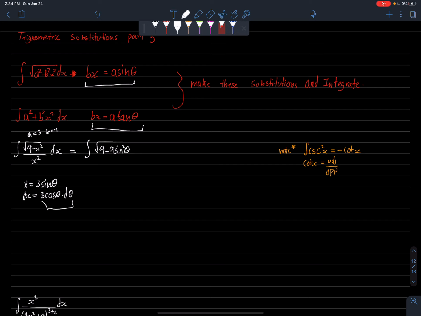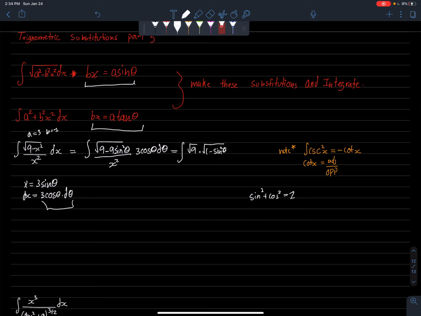So we have sine squared theta over x squared times 3 cos theta d theta. Now remember, sine squared plus cos squared is equal to 1. So we can factor out the 9 there, and we have root 9 times root 1 minus sine squared theta, which is just equal to cos squared, right?